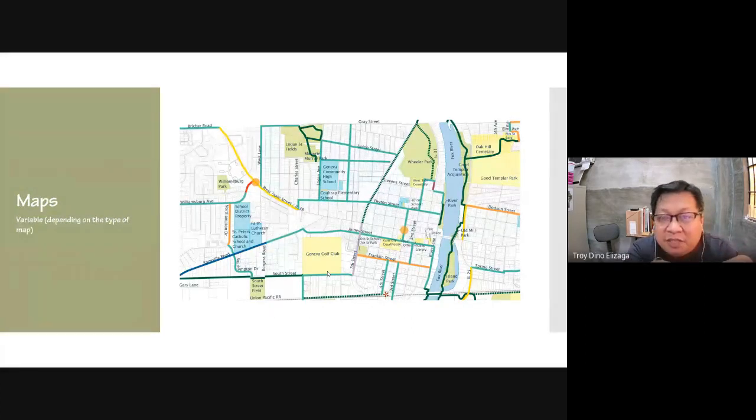A map that should be scaled is something used especially for GIS or for planning purposes. But the scale to use will again differ depending on the map.